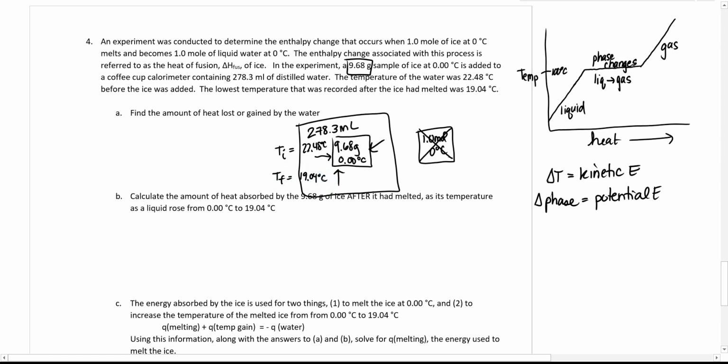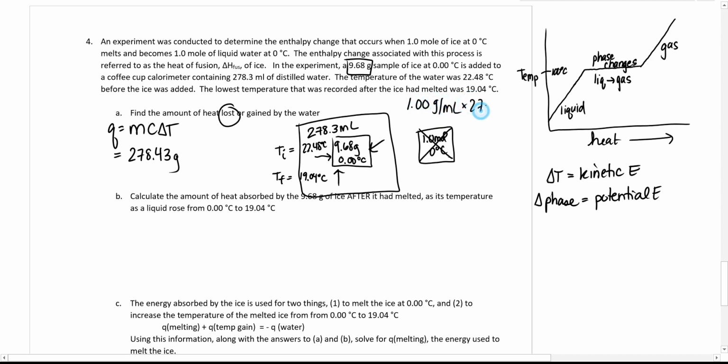So the water is losing heat because it's giving its heat to the ice. And we can find out how much energy the water lost by using calorimetry, because we have a temperature change happening. So we can use this equation, Q equals mc delta T. The mass of the water is 278.3 grams, because, as written at the top of the page, we're assuming the density of the solution is 1 gram per milliliter.